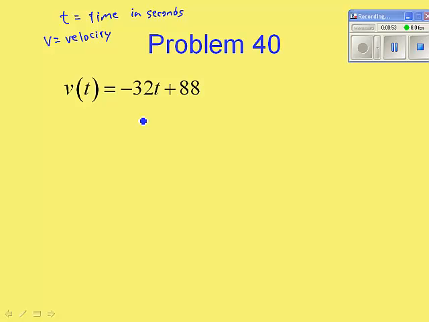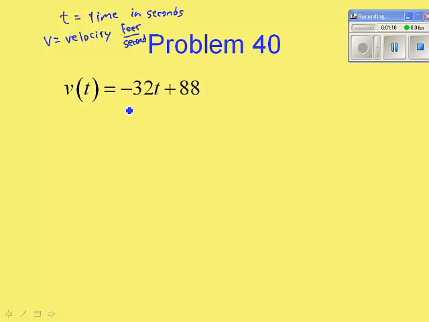Turns out that I know for a fact when they wrote this, they intended it to be in feet per second. And the reason I know that is because this is an important number in physics, negative 32 feet per second. Actually, per second per second. Per second squared is the acceleration of gravity. Okay, that's what this is.